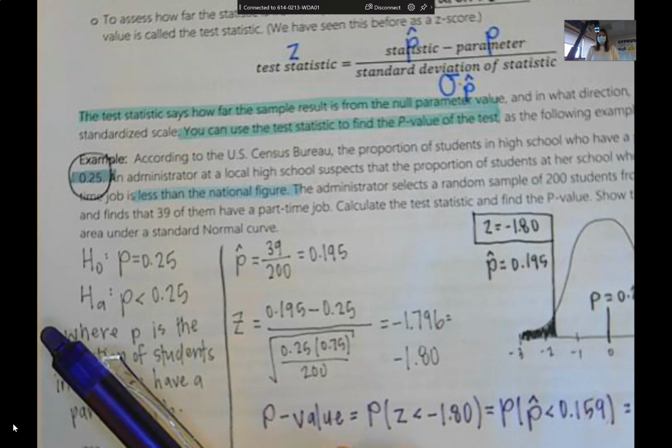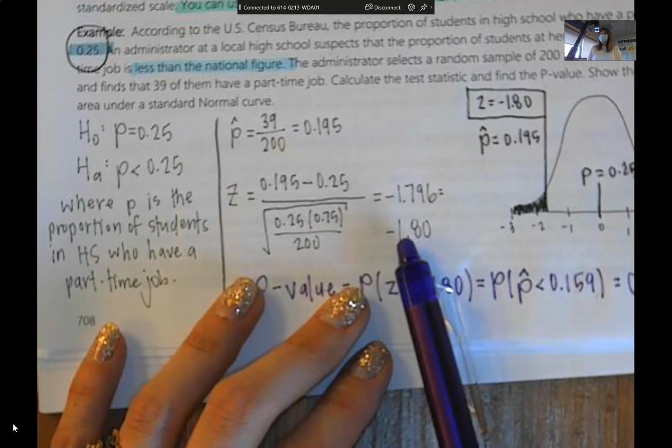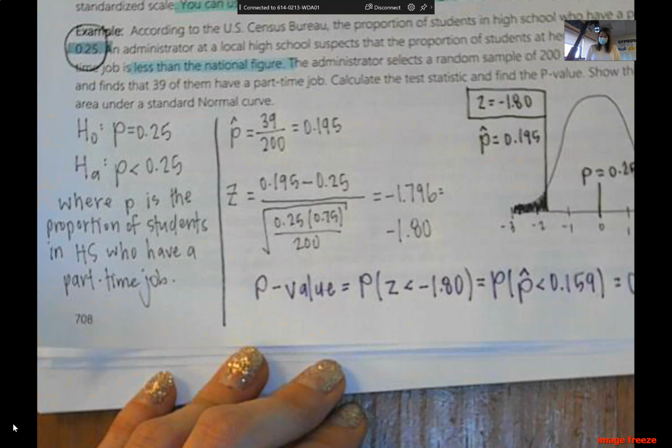We're hanging in? Okay, so we find our z value, we draw a curve. So that's the part where we calculate the test statistic. Now we got to go in and do the whole thing. So we got to check the conditions, state the hypotheses, do all the things. So that's on page 709.